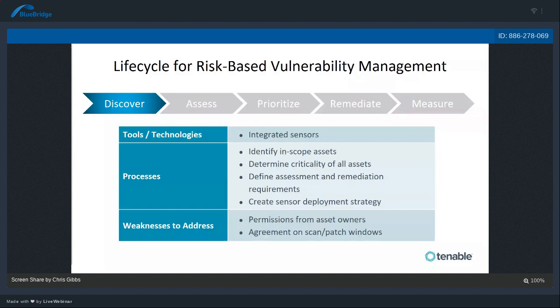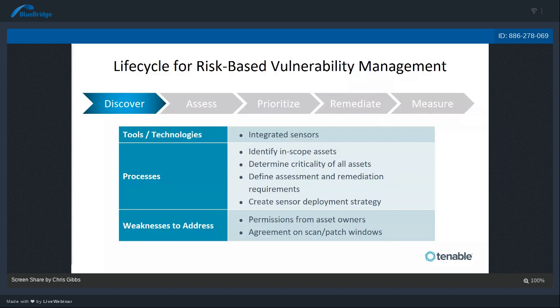It doesn't have to be the end stage. It's just where do you want to start from? We need to understand the criticality of our assets. Again, you may know this already. You may have an asset register that contains this information. And if so, great, use that to be able to add information to your management platform.